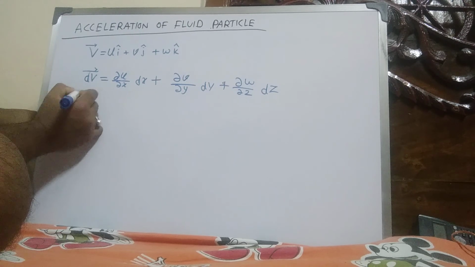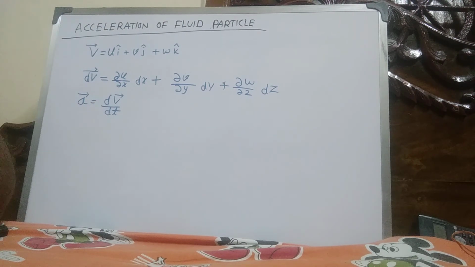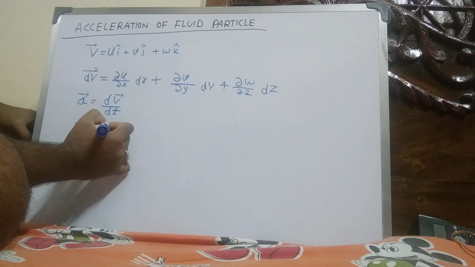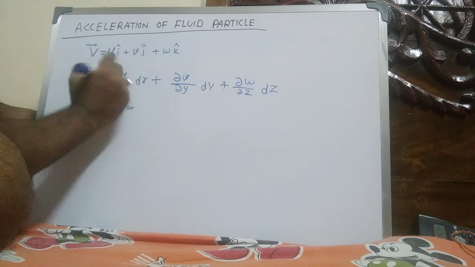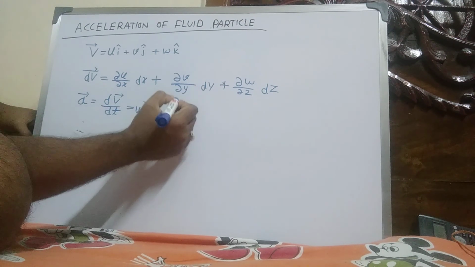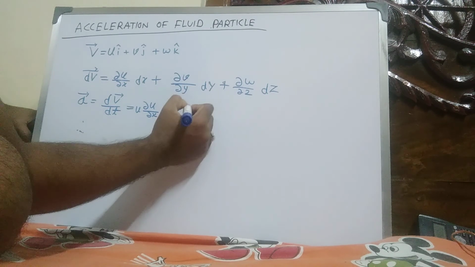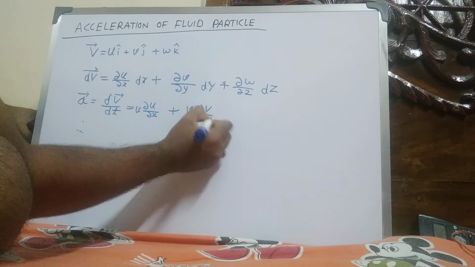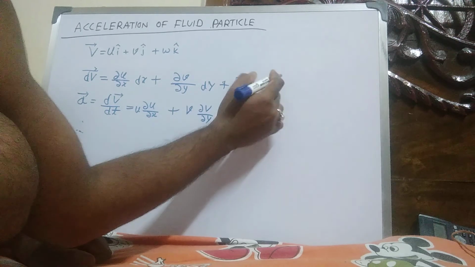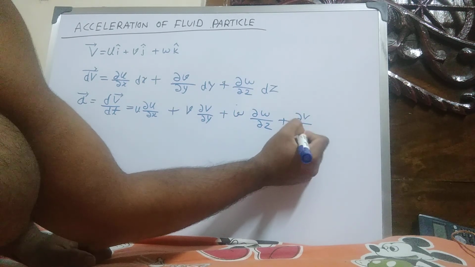So acceleration equal to dv by dt, which equals u du by dx plus v dv by dy, since dy by dt equals v, plus w dv by dz, plus dv by dt.